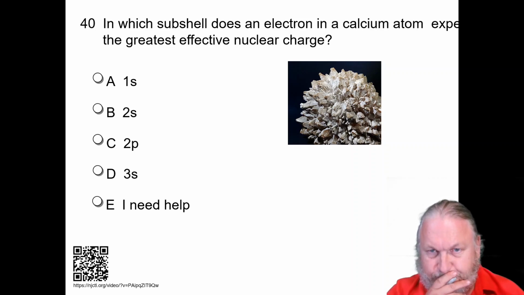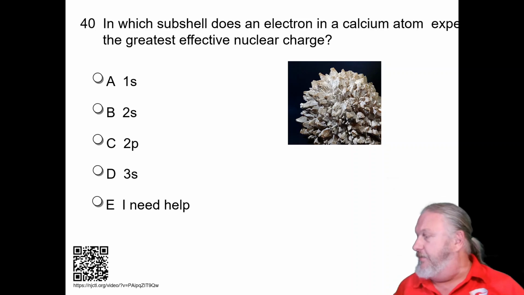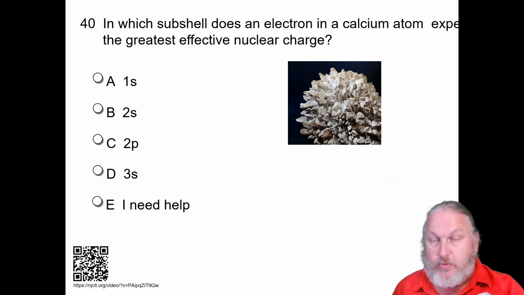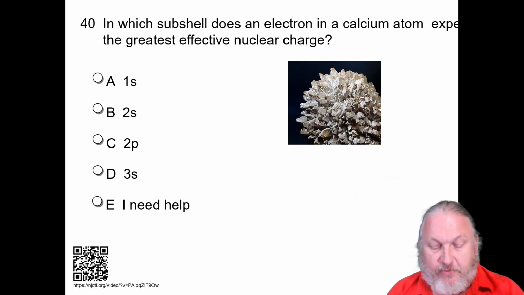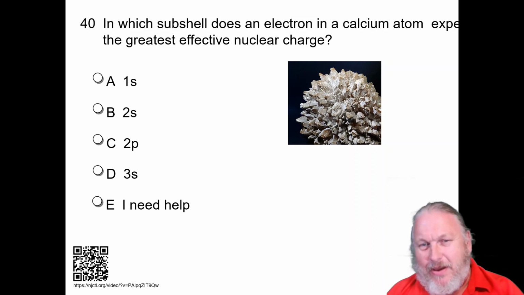In which subshell does an electron in a calcium atom experience the greatest effective nuclear charge? Okay, calcium is number 20, in the 4th energy level, the 4th period. The greatest effective nuclear charge, well, we have to think about this.